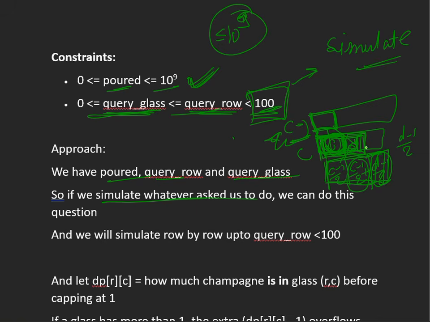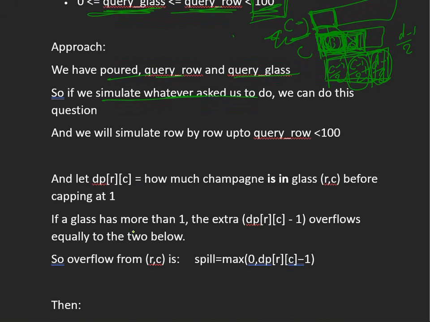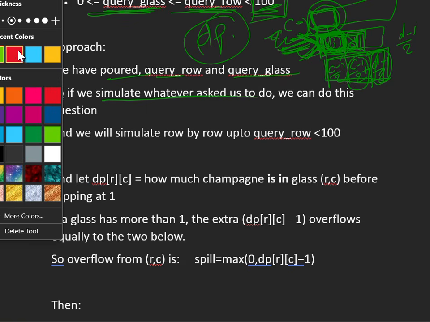This way we will simulate the whole process. And if you have noticed, we are using our previous knowledge to calculate the next row. So this is DP, dynamic programming.